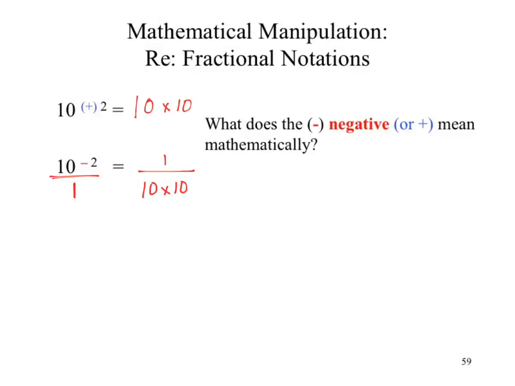You don't like dealing with what the negative means? We've got this fancy-dancy little thing called a calculator. You can punch in the buttons and it spits out an answer. That works lovely. But there are shortcuts if you understand what it means. 10 to the negative 2 means I do the calculation in the denominator. There it is. What if I have this?